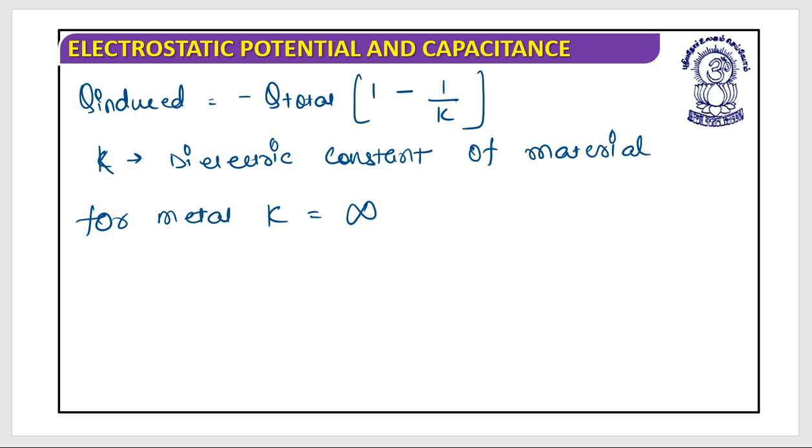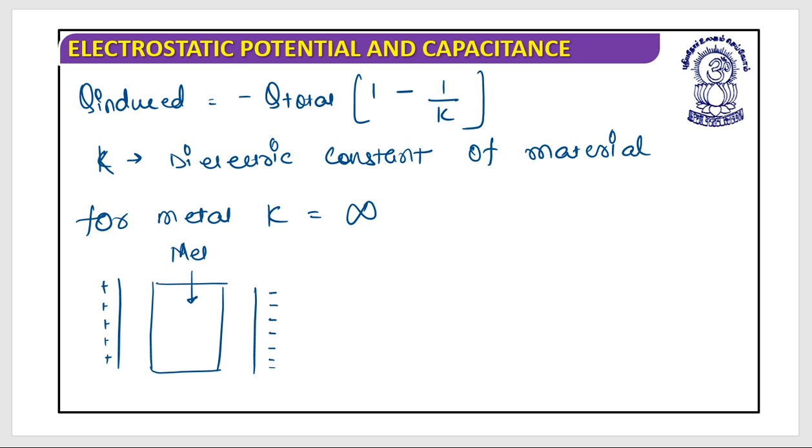So if you look at this, suppose this is positively charged and this is negatively charged. If I put, in the first case, let's say a metallic slab, it's a metal.